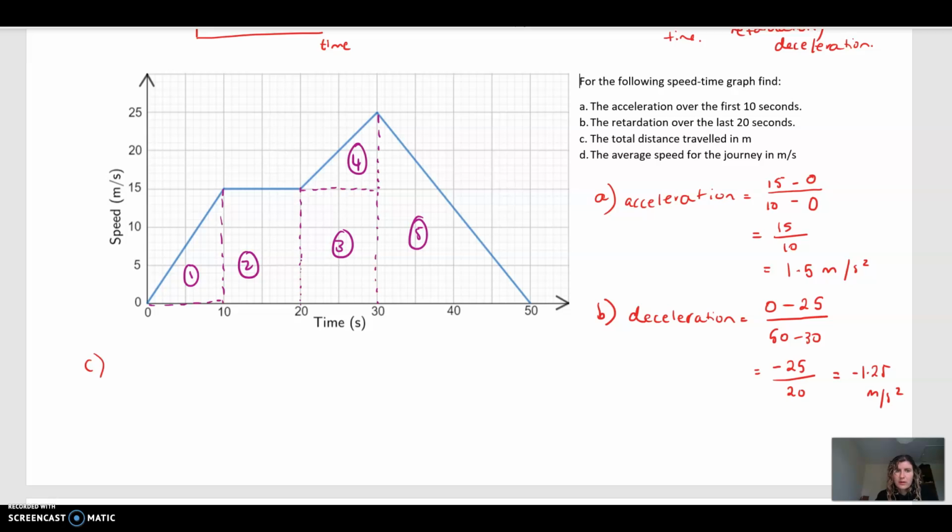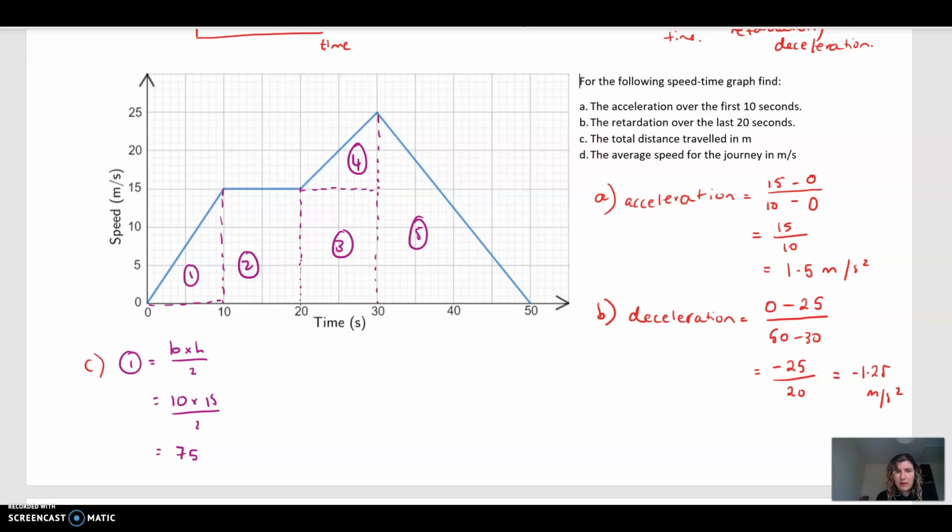My area of my first shape, number 1, is a triangle, so the formula is base times height over 2. My base is 10, the height is 15, so 10 times 15 is 150, divided by 2 is 75.